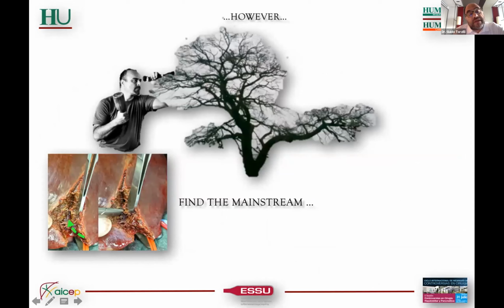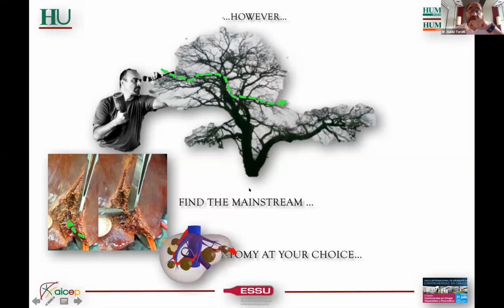And then you can tunnel and direct the dissection, even without the ultrasound in some circumstances, as you would like to follow, to include all the lesions that you want. And at that time, the ultrasound becomes fundamental because it drives you in this kind of approach.